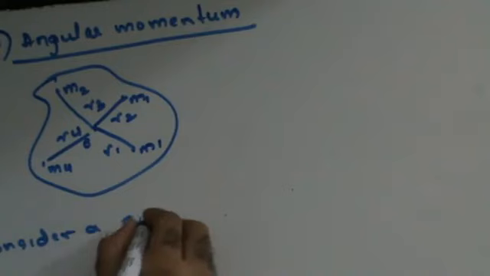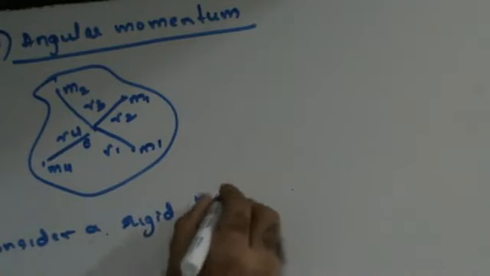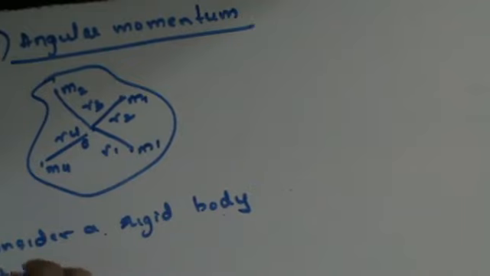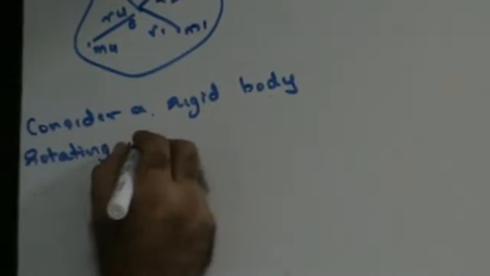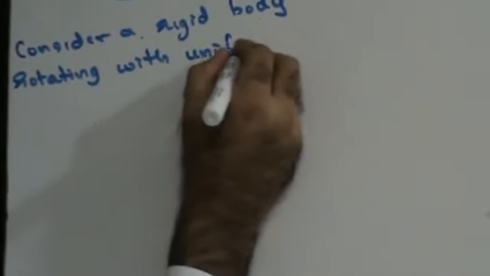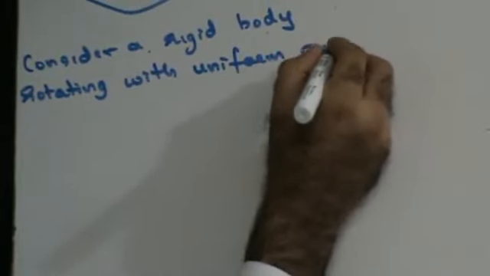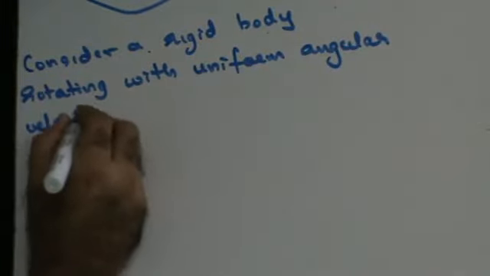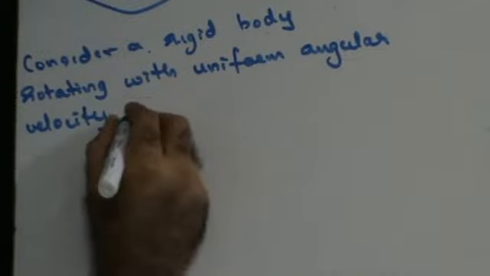So I can say, consider a rigid body rotating with uniform angular velocity omega.